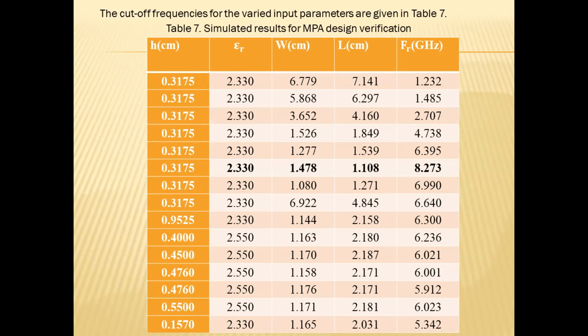By observing the overall result, it is clear that the dimensional parameter of microstrip patch antenna are small enough to fulfill the miniaturization aspects while delivering the high resonant frequency of 8.273 gigahertz, which is suitable for numerous ultra-wideband application.